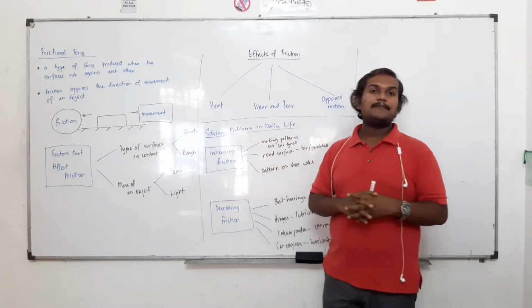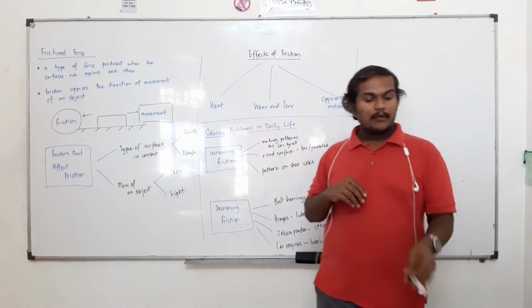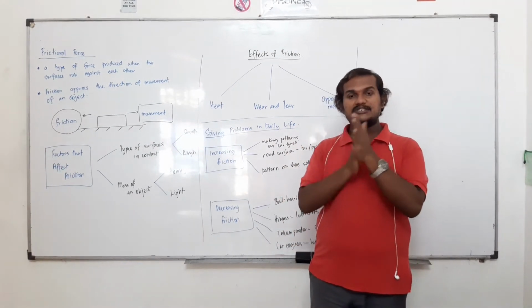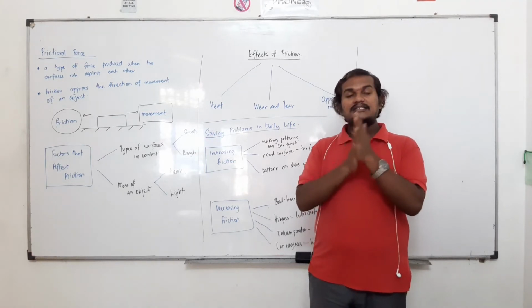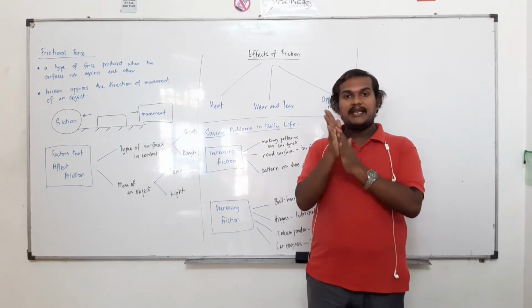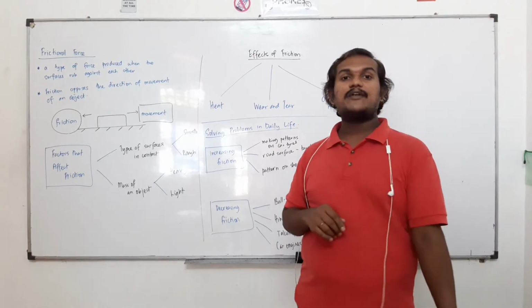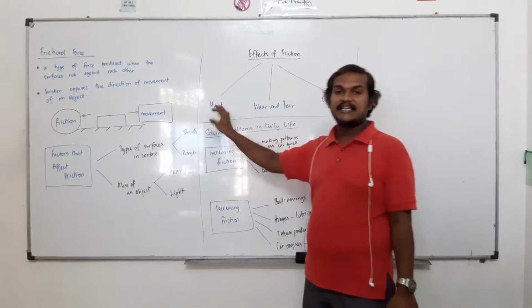For example, when we rub our hands together, the surfaces in contact produce some heat. That's why we feel warmth. This is one example which proves that friction can produce heat.